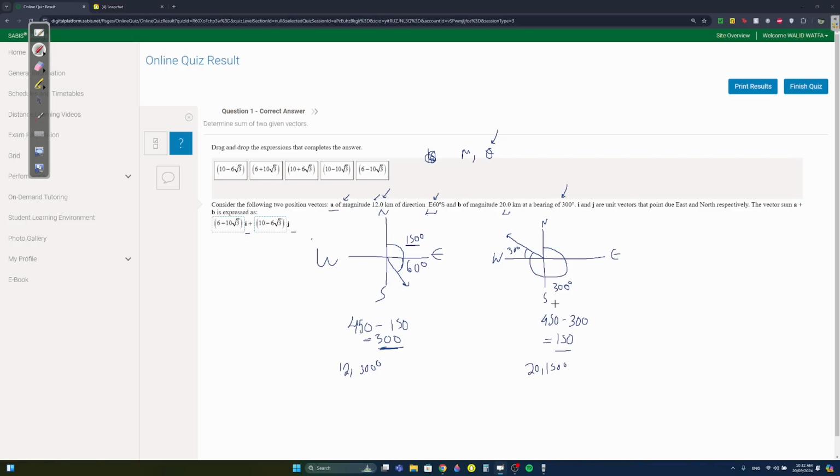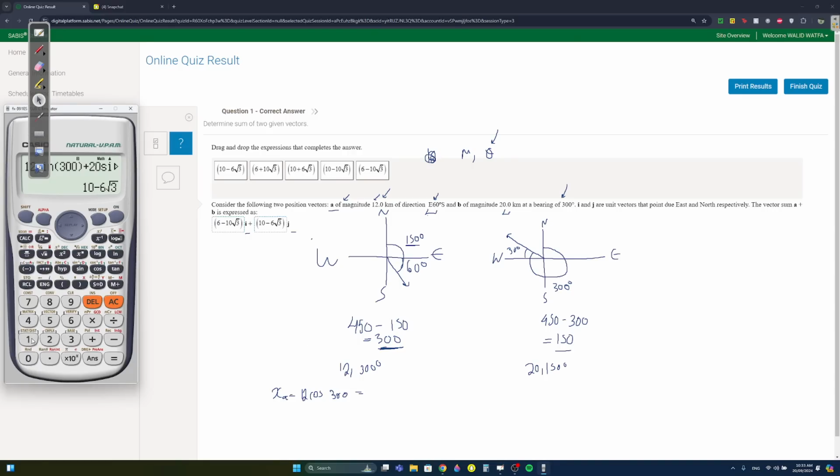Can we now find the x component, i, and the y component, j? Yes. The x of A is equal to the magnitude times cosine theta, which here is 12 cosine 300, which is 6. We want to add it to the other vector, so we don't waste time.